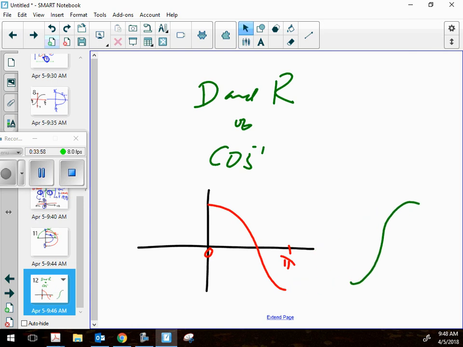So now if I'm asking you for its domain, what should I really look at? The range of the original, okay, which was from -1 to 1.